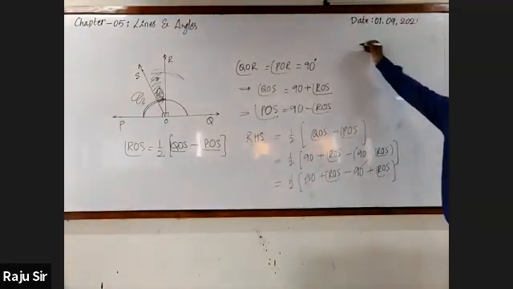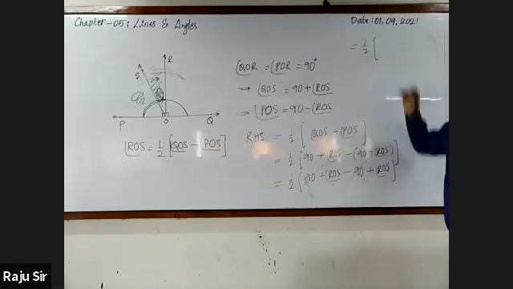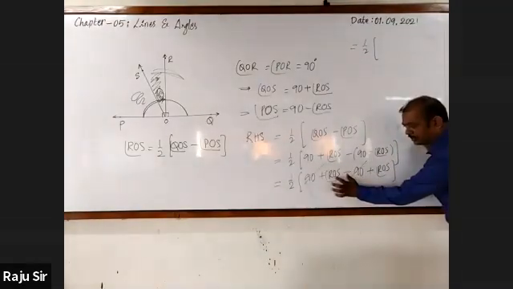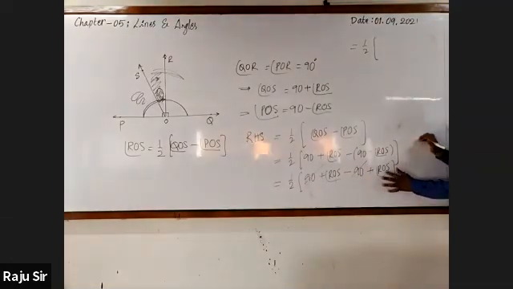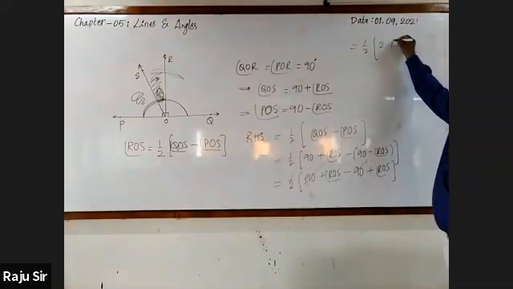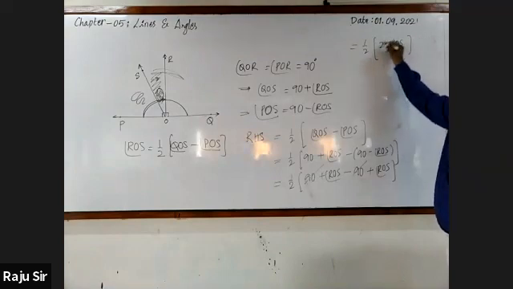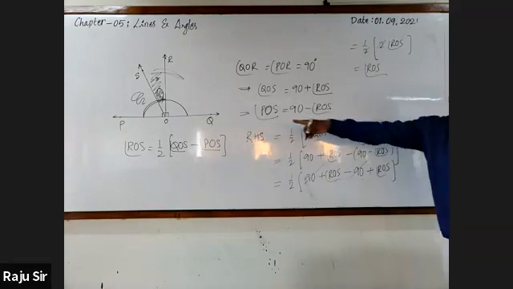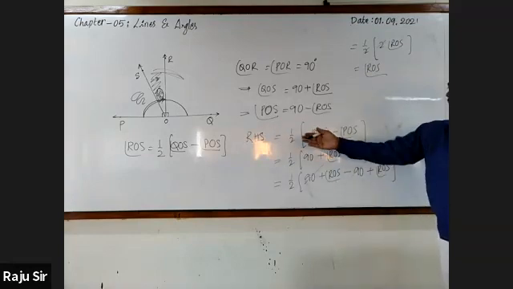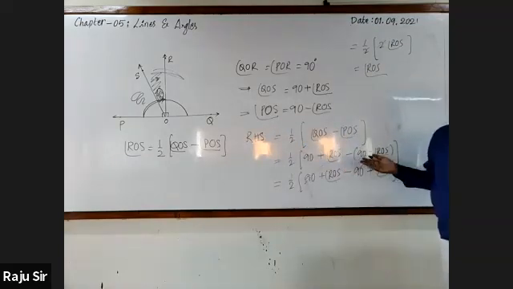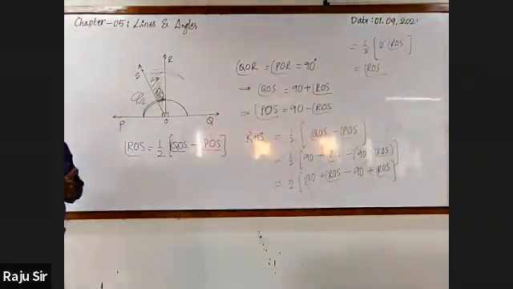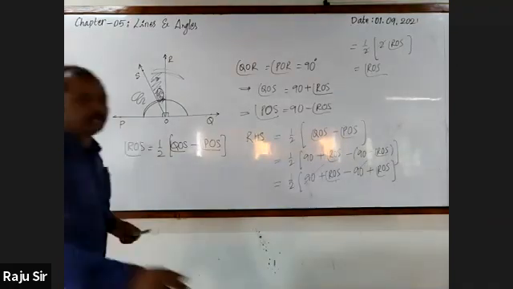You get cancelled. This is equal to half into, observe, wait, one ROS, two times ROS. Two get cancelled. It is equal to ROS, which is LHS. Both LHS and RHS will be equal. Any doubt regarding this? Is there any other method to prove this? Certainly it is there. I'll tell you that.